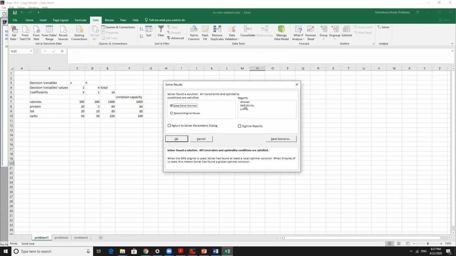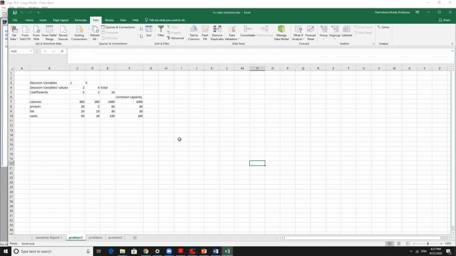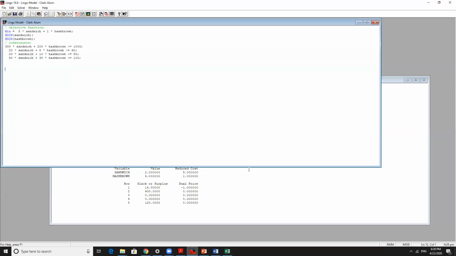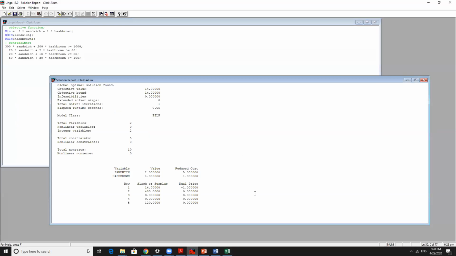So you can also check sensitivity analysis and talk about shadow price, allowable decrease, increase, and reduced cost. We had almost similar things in Lingo. As you see, in Lingo it's much easier, I guess, to program it. Basically, you just write or type as you write on a piece of paper. So for some of you, this might be much easier.